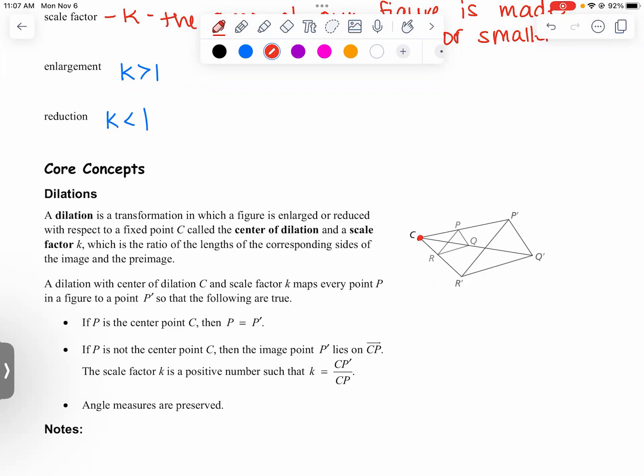Here is our pre-image, and in purple, I'm going to highlight our image. Let's pretend that I tell you that this distance right here is 5, and this distance right here is 20.